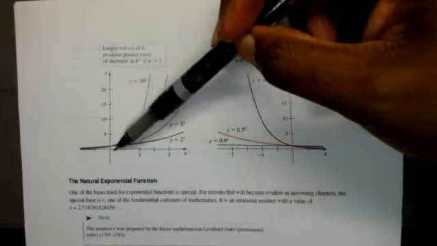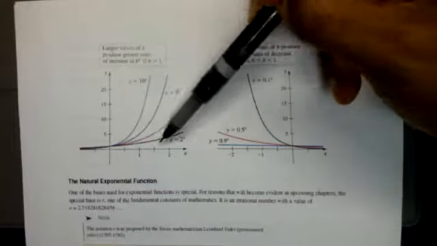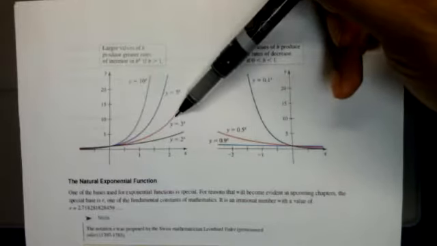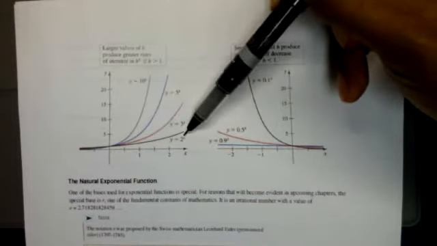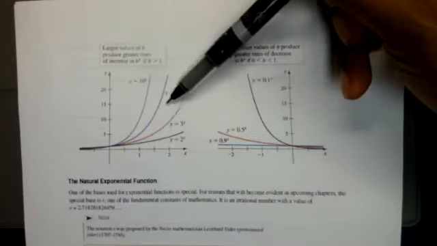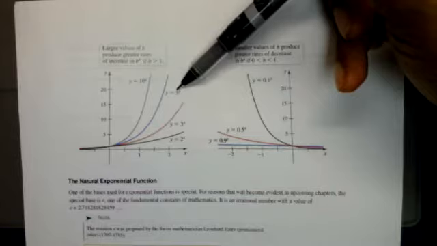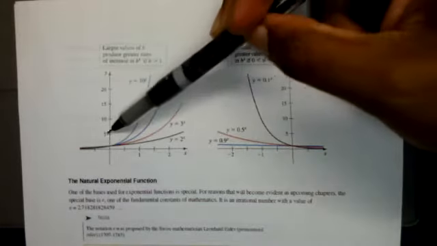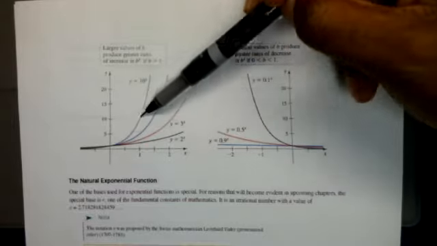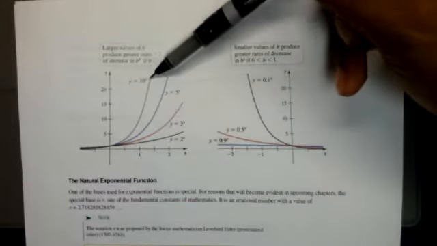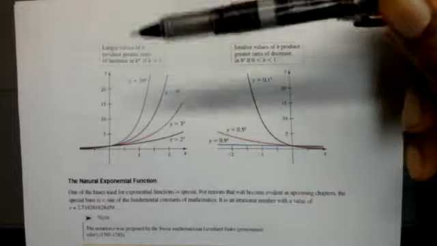Here's y equals 2 to the x, and y equals 3 to the x is producing a greater rate than y equals 2 to the x. Then we increase the base to 5, and it's going upward quicker, and y equals 10 to the x is going up quicker than y equals 5 to the x.